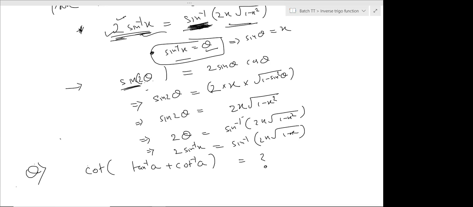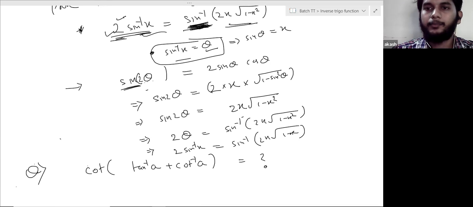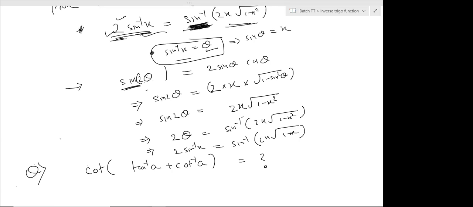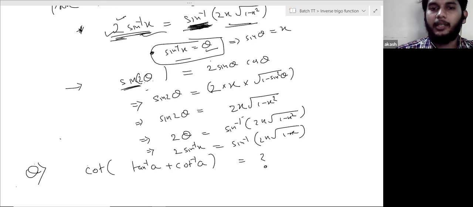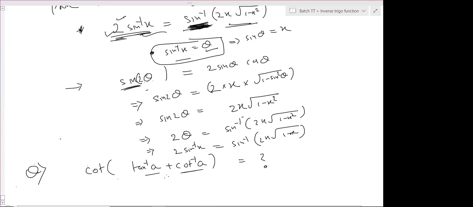Sir, it's cot pi by 2. And what is the value of cot pi by 2? 0. Right. That is the answer. We can directly write tan inverse A plus cot inverse A is pi by 2. Cot pi by 2 is 0.